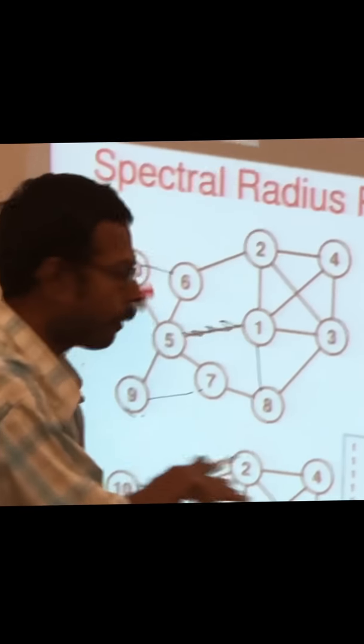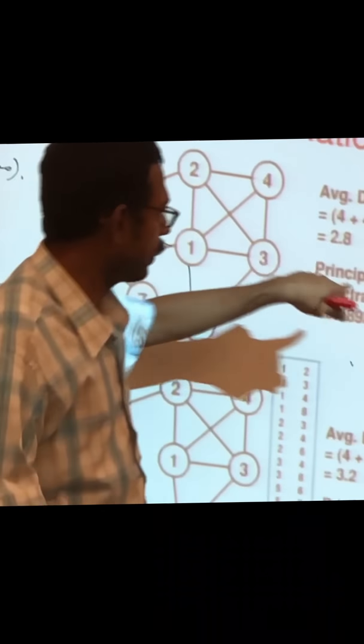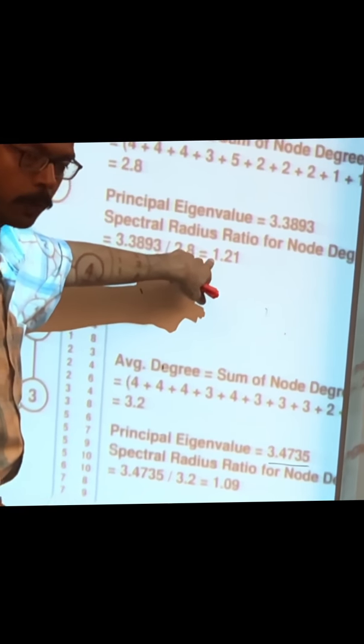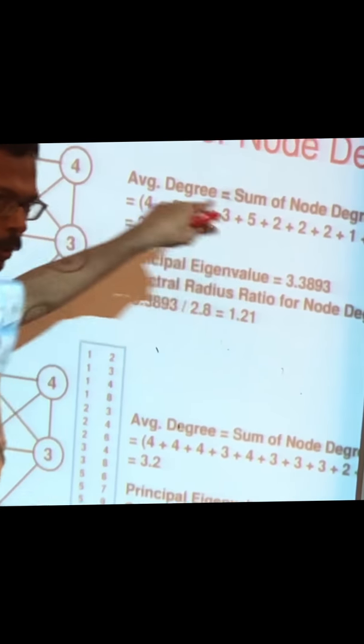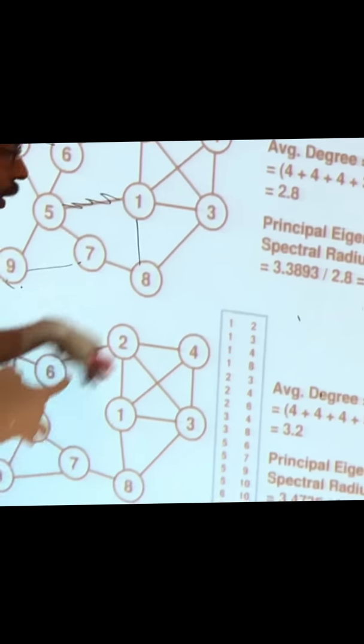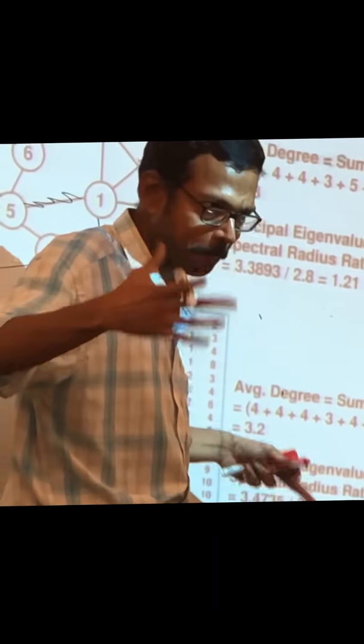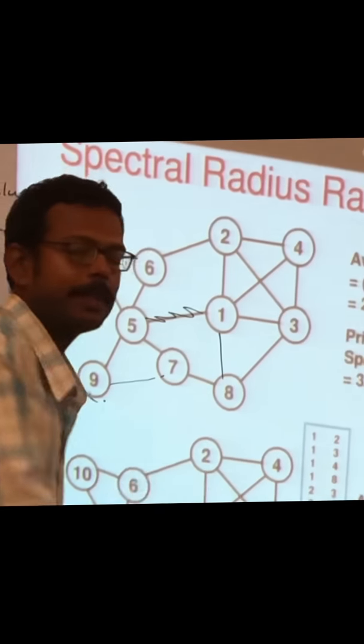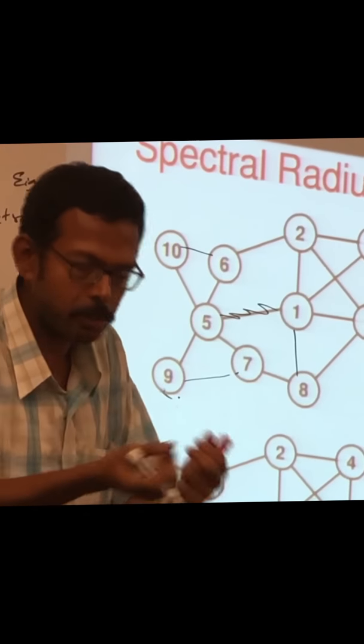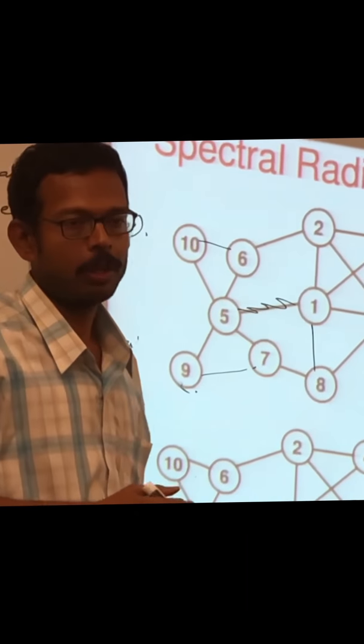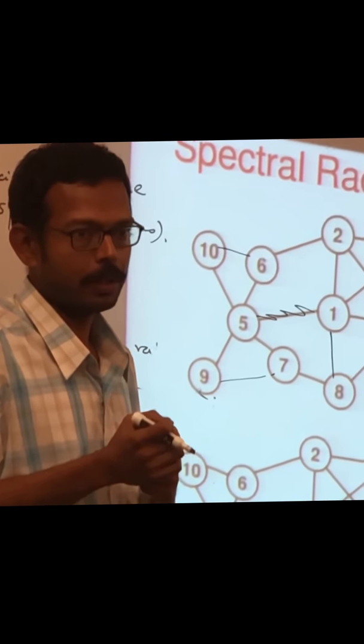You could have a graph of 100 vertices and still get a spectral radius ratio for node degree of 1.21, or a graph of 10 vertices and get 1.09. So the number of vertices or the number of edges don't really matter. It's just the variation in the degree that is captured. So it's a very powerful measure. It's greater than or equal to 1, independent of the number of nodes and edges.